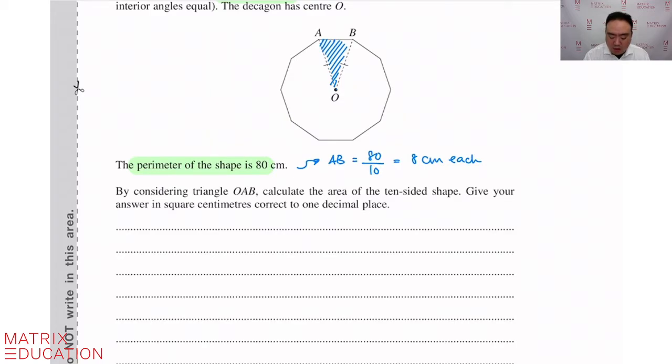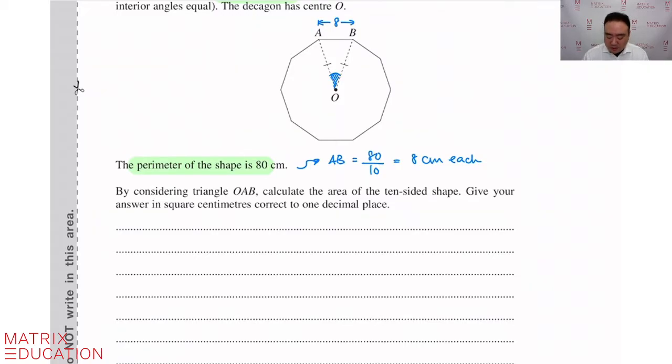Now, what else can we do? Well, we know that this side length here, AB, is 8. We need more information than this. We can find this angle, AOB. Because the sum of angles at a point is 360 degrees, and because there are 10 triangles, there are 10 middle angles here.